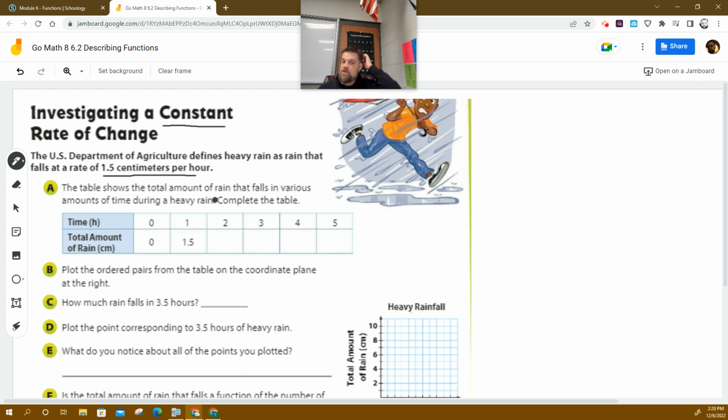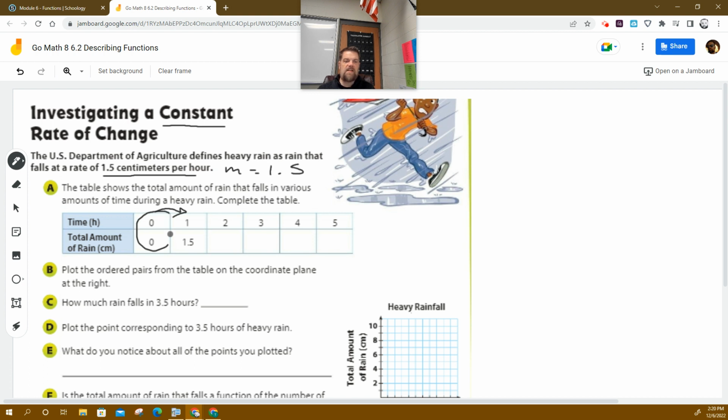Okay? The table shows the amount of rain that falls in various amounts of time during a heavy rain. Please complete the table. Because it says 1.5 centimeters per hour, we know that that's the slope, right? So the slope is 1.5.